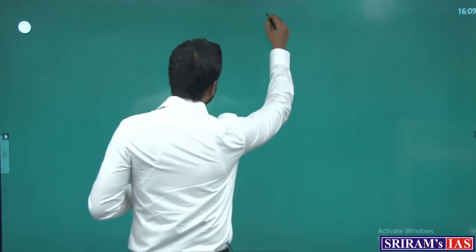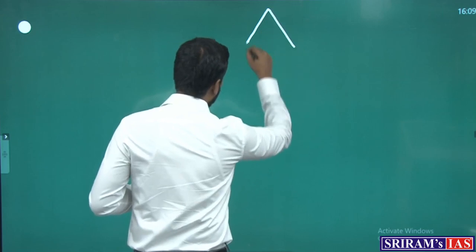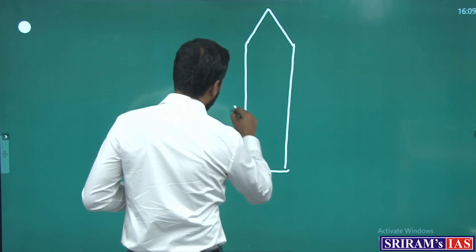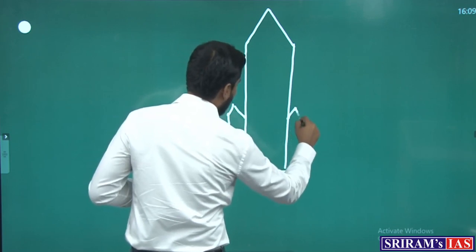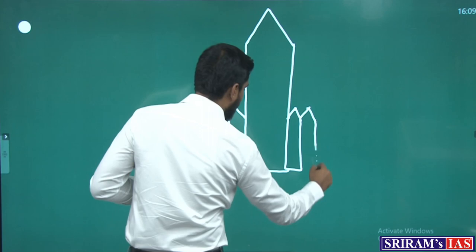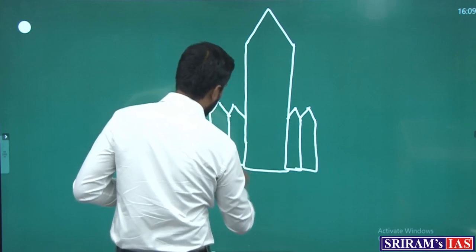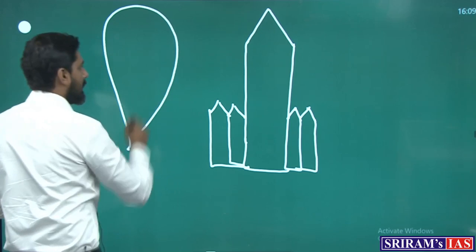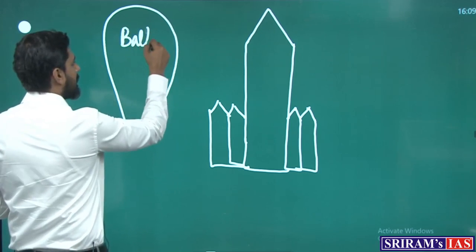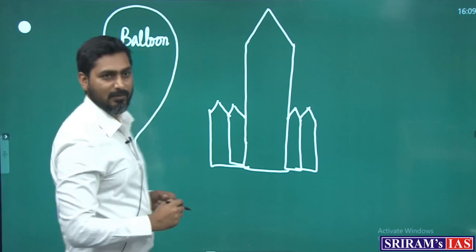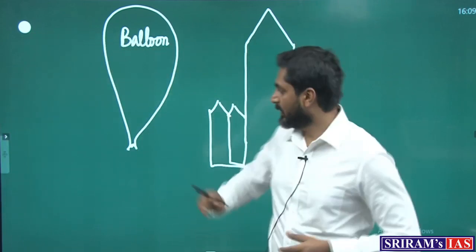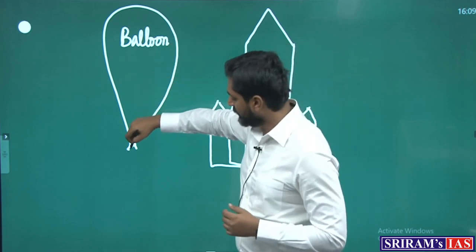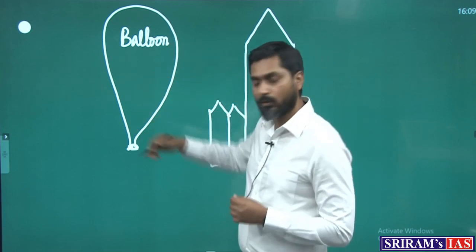So if I say that a launch vehicle or a rocket is just like a balloon. If I take a balloon, let us say we have filled the balloon with air, and what we are doing now is that we are leaving this end open.